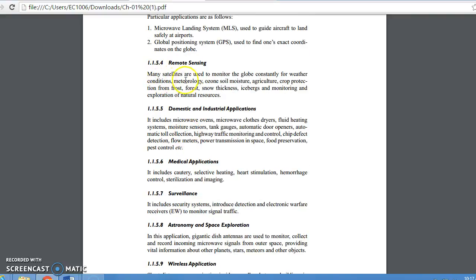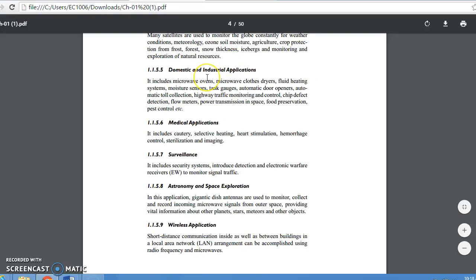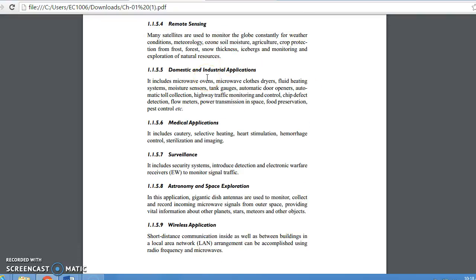Next, remote sensing. Many satellites are used to monitor the globe constantly for weather conditions, ozone, soil moisture, agriculture, crop protection, forests, snow thickness, icebergs, and monitoring and exploration of natural resources. Next, domestic and industrial applications.